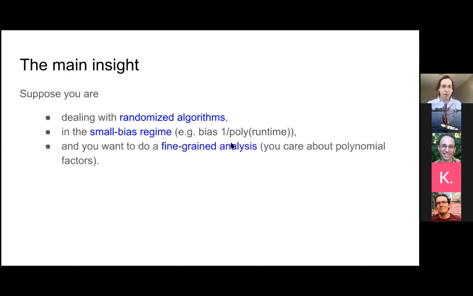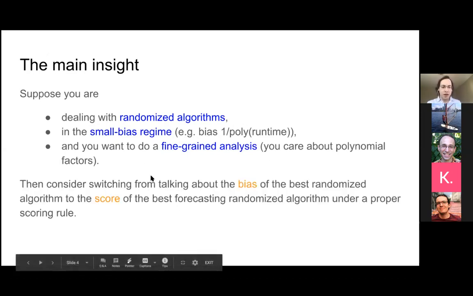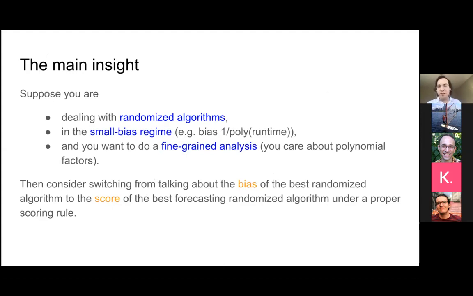And you want to do a fine-grained analysis, meaning you care about polynomial factors, both in the runtime and in the bias. Then the insight is consider switching from talking about the bias of the best randomized algorithm to talking about the score of the best one using a proper scoring rule.